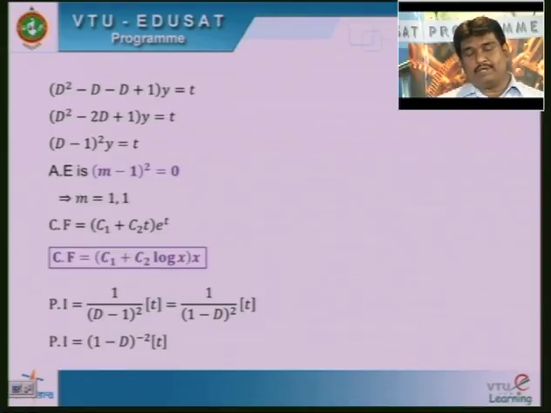Of course, in this case binomial expansion is easy. I'll tell you what the difficulty in the division method is, because I have to expand it. If I expand 1 minus d whole square, I'll get 3 terms, maybe lengthy in this case. But in most of the cases, the division method is easy. Here, as there are only 2 terms, expansion is easy, and we got PI in 2 steps only, by the standard expansion.